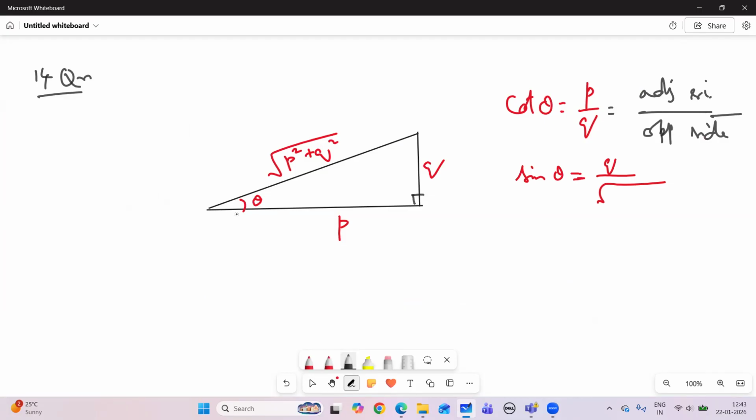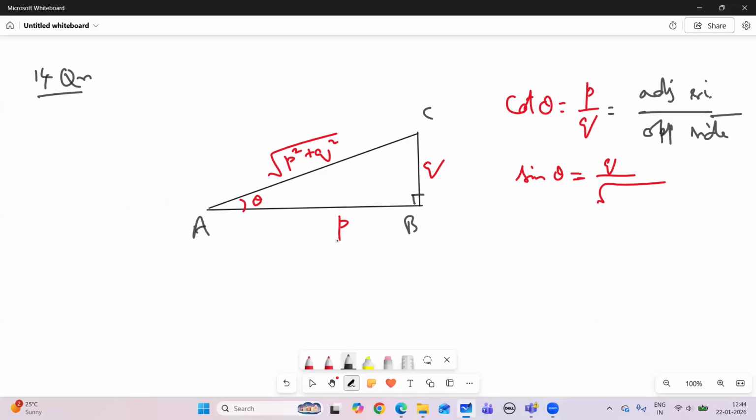If I call the vertices A, B, C, AB will be the adjacent side to angle theta, let us take it to be P. The side opposite to angle theta is BC. Because we have taken adjacent side to be P, we have to take opposite side to be Q. So BC is Q.